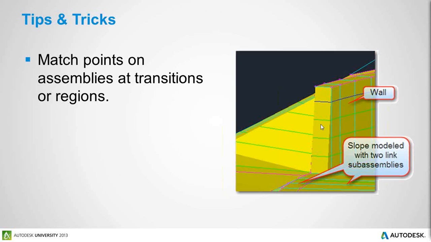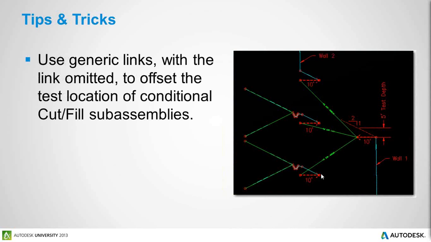And that's whether I'm going from a slope to a wall, or we'll look at our grading example later on, when I'm going from different lot types. I find that if I have subassembly points that correspond as I go from region to region, I can get a little bit cleaner looking surface model out of that.